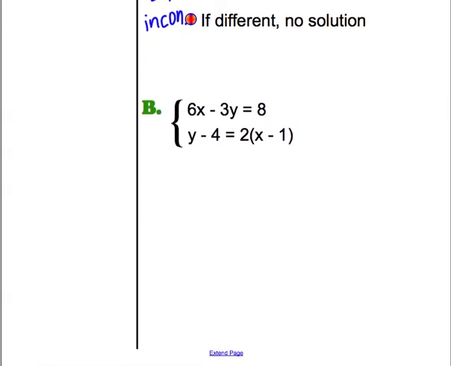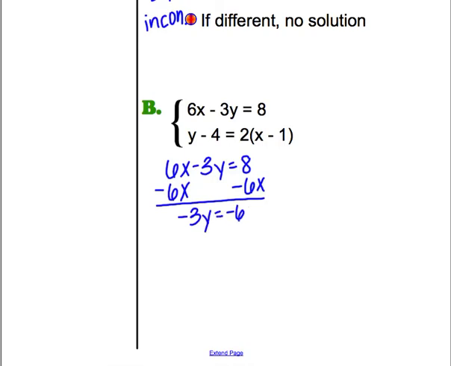We have here 6x minus 3y equals 8 and y minus 4 equals 2 times x minus 1. We have the same situation where we have to get them both into y-intercept form, or slope-intercept form. So we're going to take our 6x minus 3y equals 8, and we will subtract 6x from both sides, giving us negative 3y equals negative 6x plus 8.